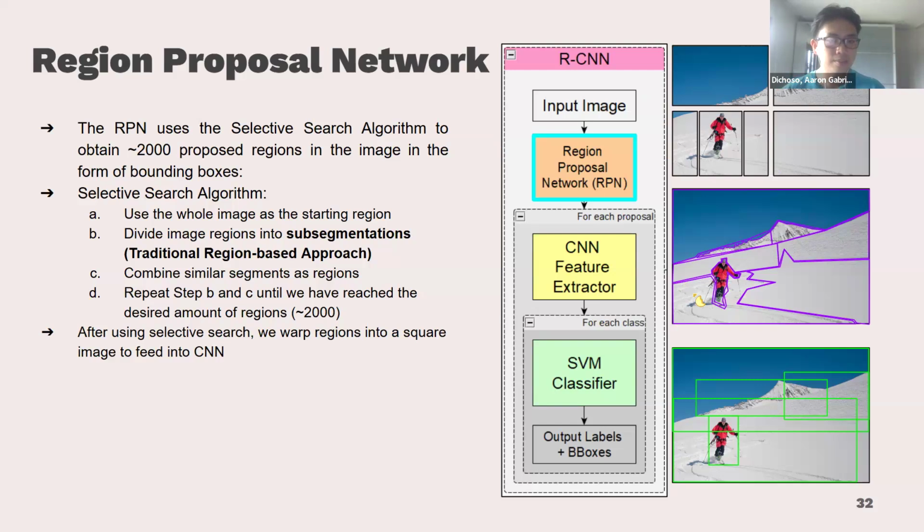And then after dividing the image into segments, it makes a bounding box that surrounds each segment. So every run of the region proposal network generates about 2,000 regions. So numerous regions. And after getting all of those regions, it feeds each one of them to a convolutional neural network.